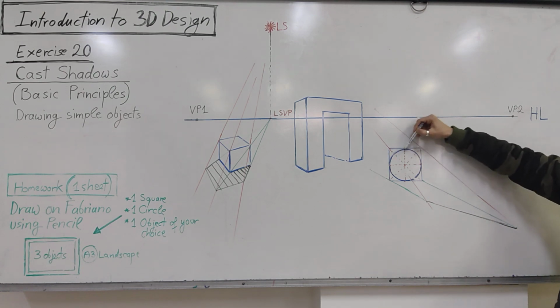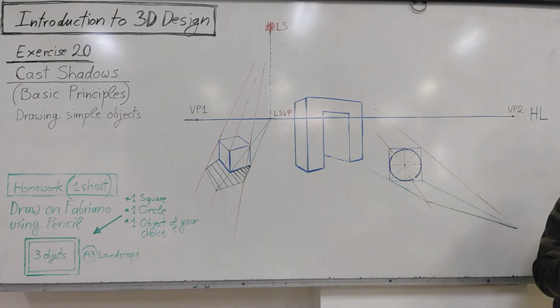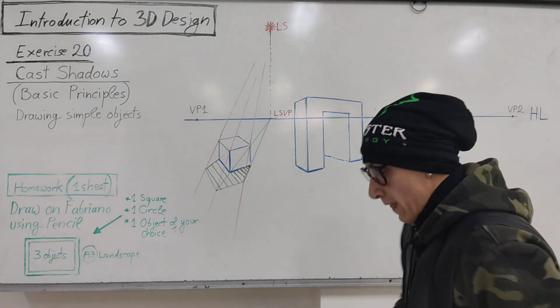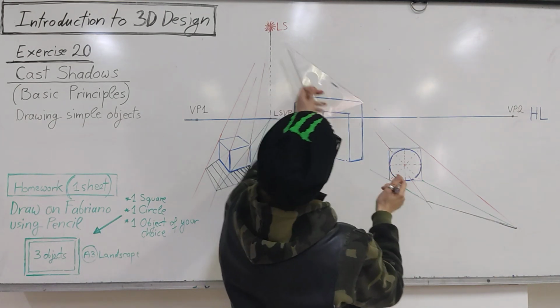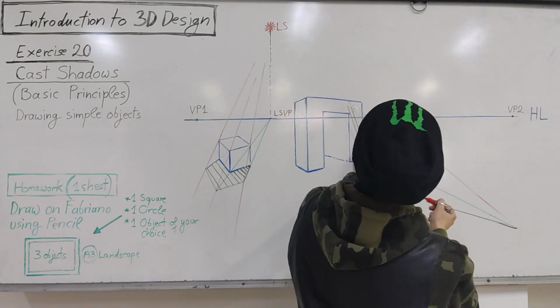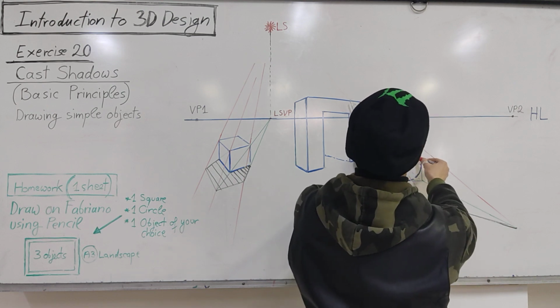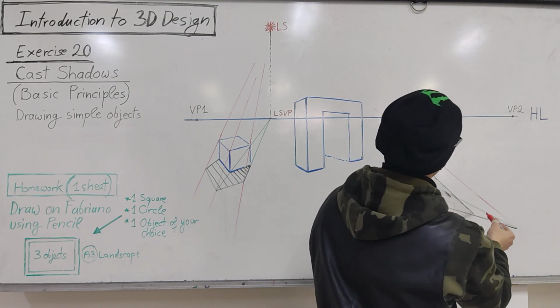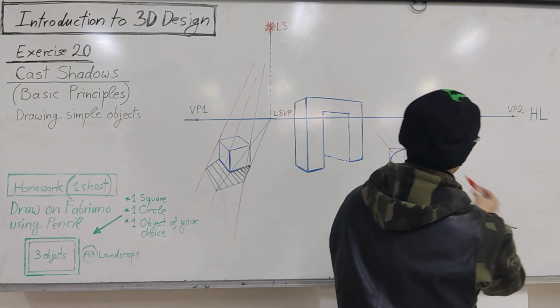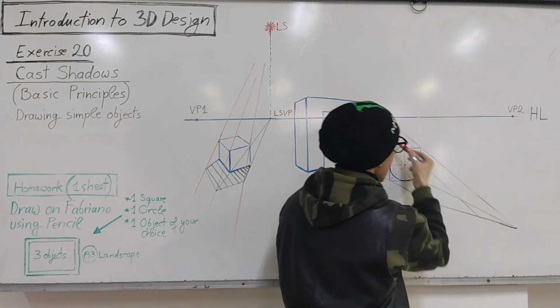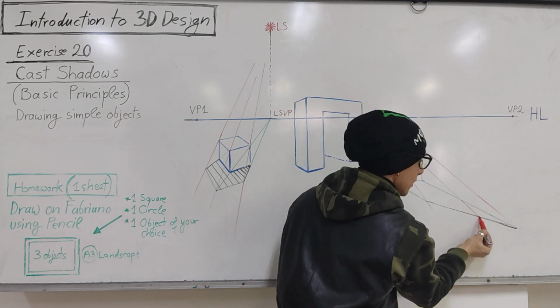Again, by putting these 3 points through the light source. The light source location. And now through this point. So this point needs to be located on this line. Once this line touches here, here is the location.